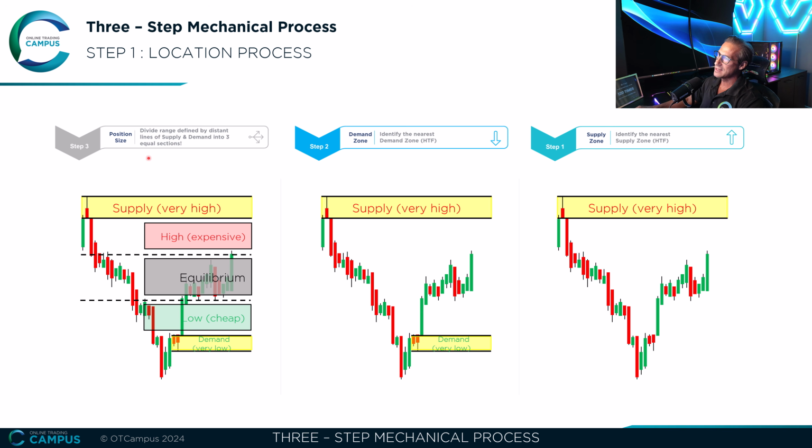And the last step, you divide the range from the highest distal to the lowest distal into 3 equal parts. So you get basically 5 parts: very high, high, equilibrium, low, very low, or in other words, very cheap, cheap, equilibrium, expensive, or very expensive.